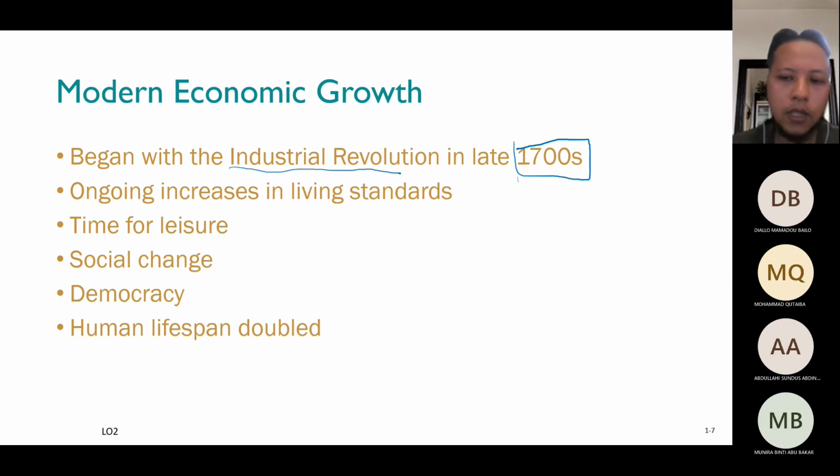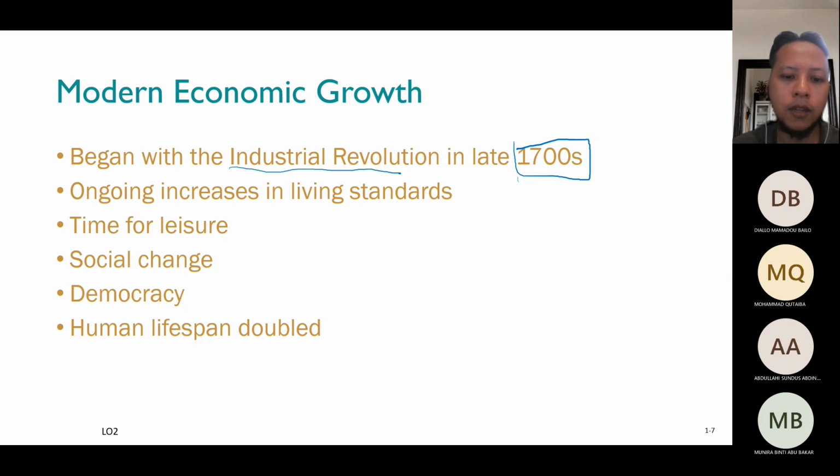Okay, so before this, we did not have any clear concept of economics. We did not have any supply or demand. We did not have all these theories in terms of price, in terms of fiscal policy, monetary policy, how money is created. We did not have that. Okay, only after the Industrial Revolution in the 1700s, then we started to have all these theories, and we started to measure growth, and in terms of how we improve our living standards.